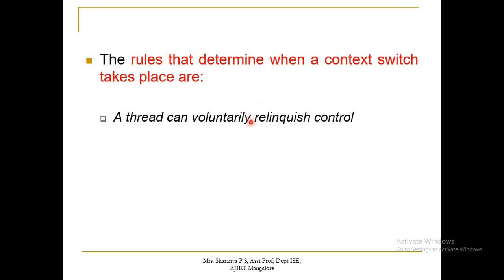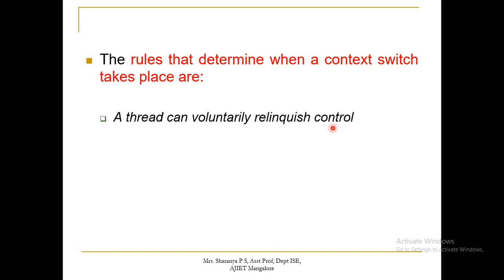One is that a thread can voluntarily relinquish control. There is no restriction here; that is explicitly yielding or sleeping or blocking on pending input output. In this scenario, other threads are examined and the highest priority thread that is ready to run is given the CPU.